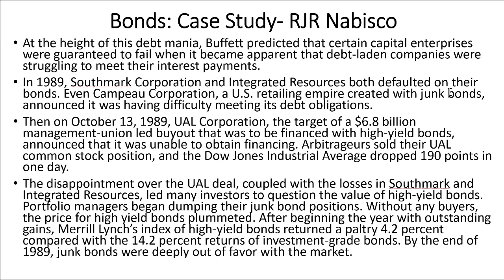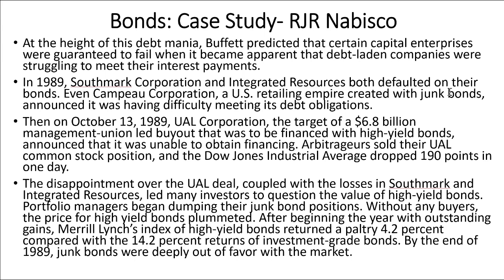Portfolio managers were dumping their junk bond positions, however, without many buyers for the high prices. High yield bonds plummeted after beginning the year with outstanding gains. The Merrill Lynch index of high yielding bonds returned a paltry 4.2 percent compared with 14.2 percent returns of investment grade bonds.